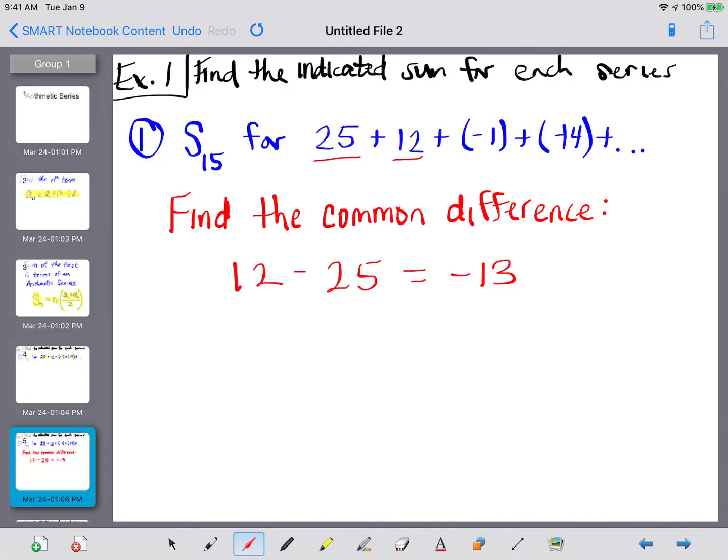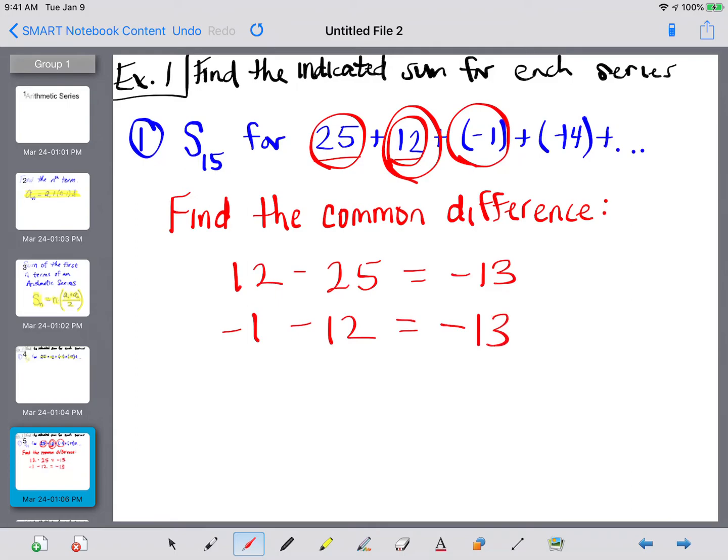We could have used any numbers of the sequence. I chose to use the second term minus the first term. You'll notice, since it's arithmetic, if we did the third term minus the second term, negative 1 minus 12, we would also get the same common difference of negative 13.